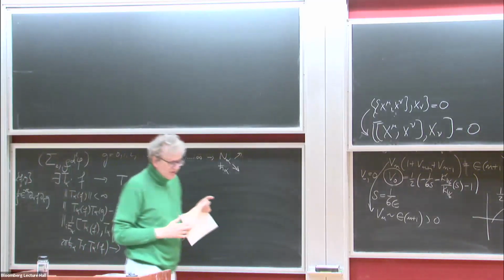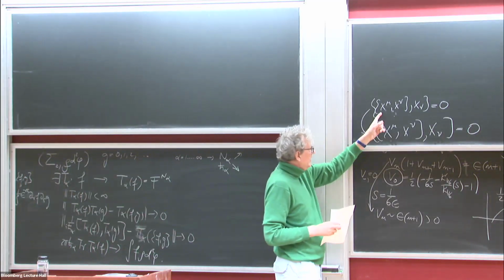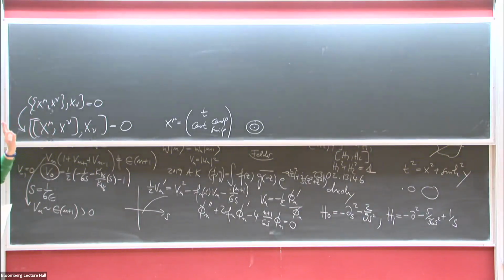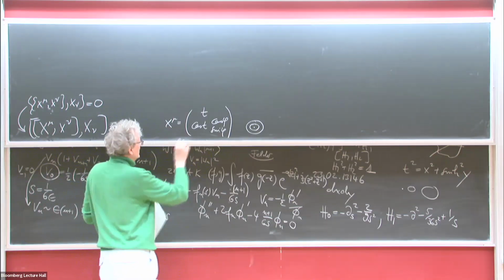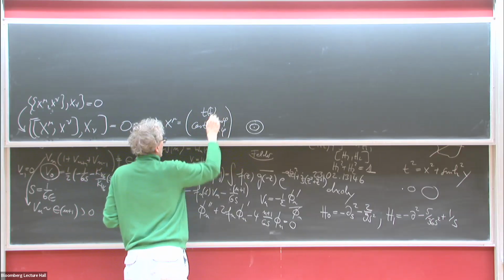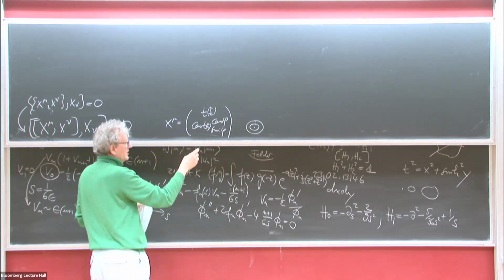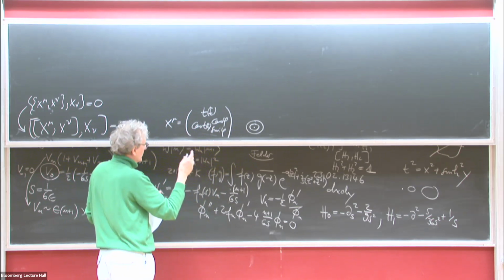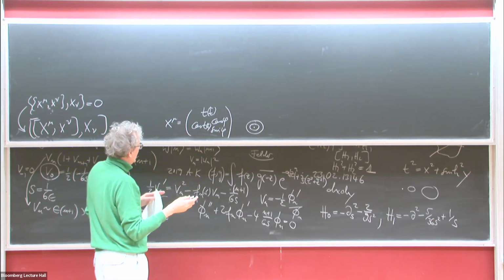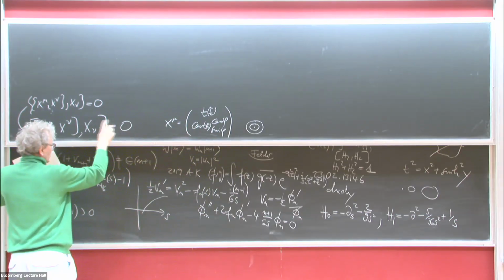And the string equations are this only when the Poisson bracket has a particular density, which is solution dependent. So you have to reparameterize this, such that in the new parameter, x prime squared is 1.